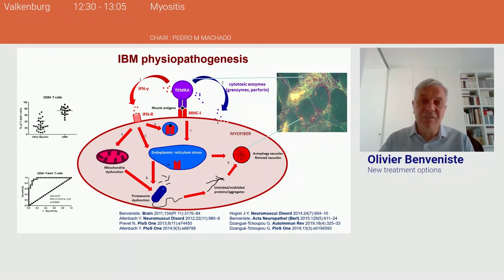These cells are keen to secrete a lot of interferon type 2, gamma, that leads to mitochondrial dysfunction and also some endoplasmic reticulum stress, leading to autophagy vacuoles full of unfolded and misfolded proteins which aggregate.